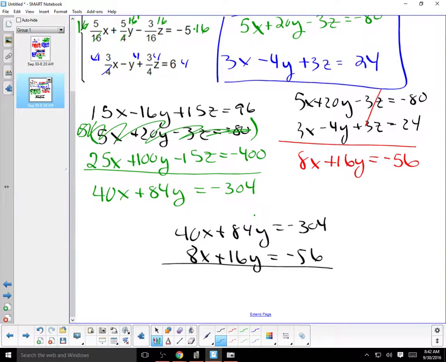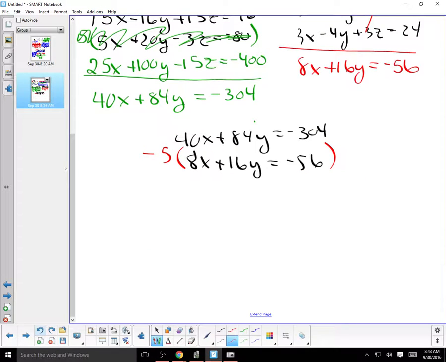Now what do we want to get rid of? 8 times 5 would give me the 40. So negative 5.